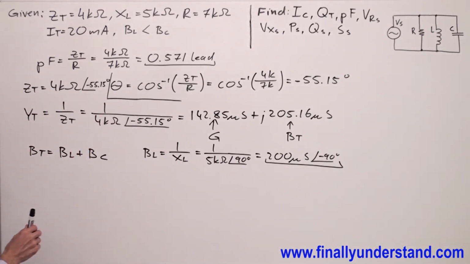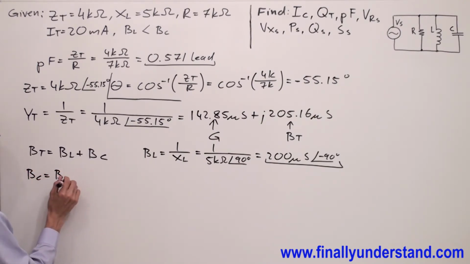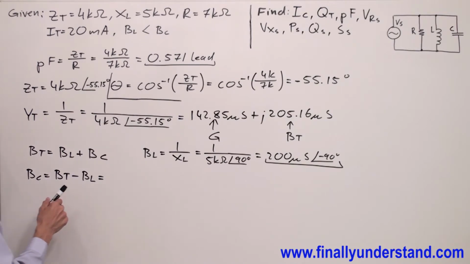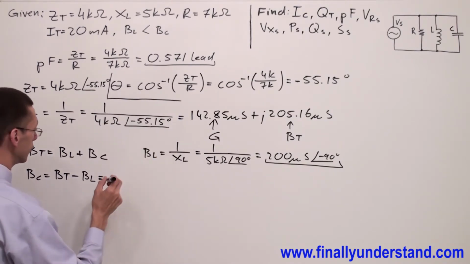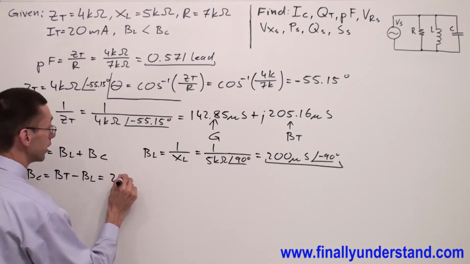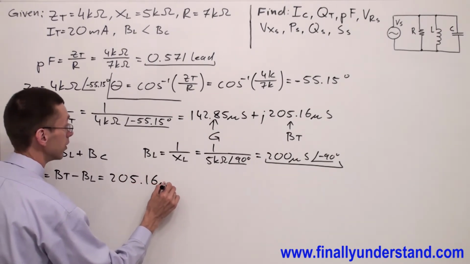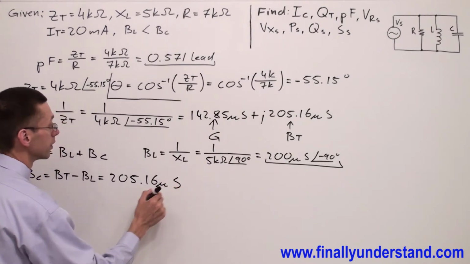In order to find BC, I'm supposed to solve this formula for BC, and I'm going to have BC is equal to B total minus BL, where B total, we found, is 205.16 microsiemens, right?